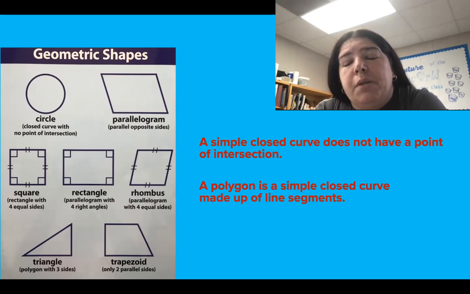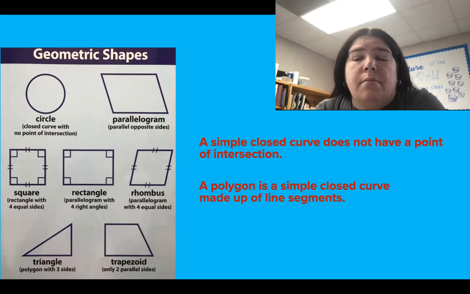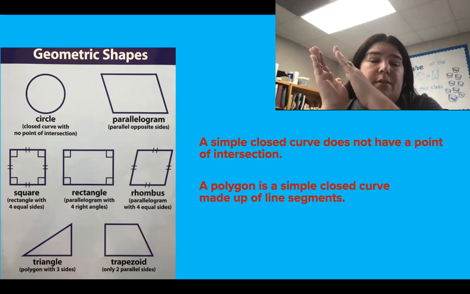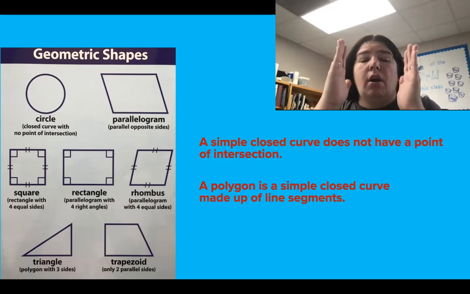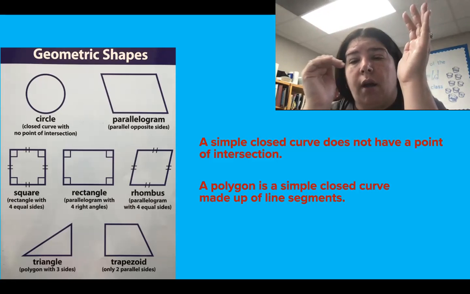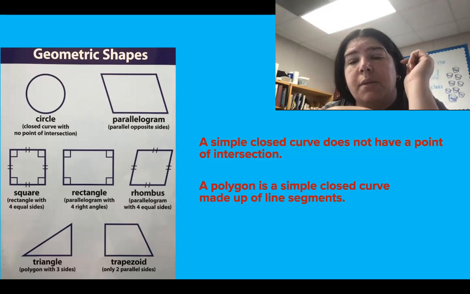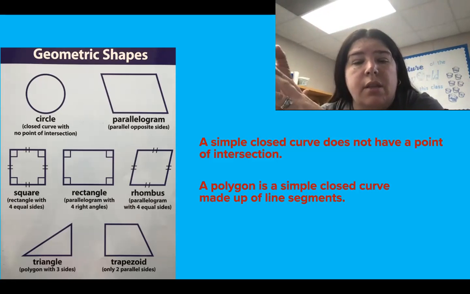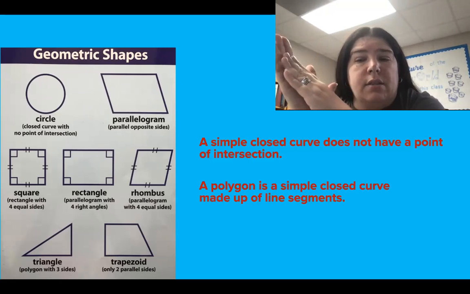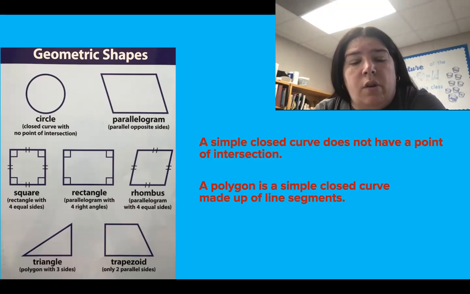The only thing different between this rhombus and the square is that the rhombus is slanted. So it's the same height, same width as each other, right? If one side of the rhombus is 4 centimeters, then all these sides are 4 centimeters, just like the square, but it's slanted. So that's the only difference that you need to know about that.